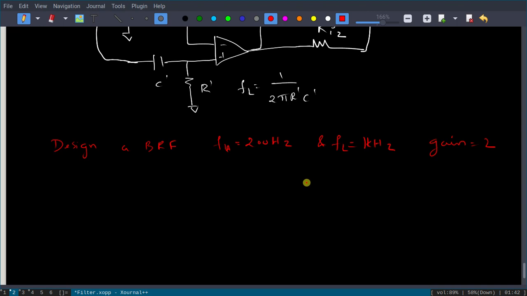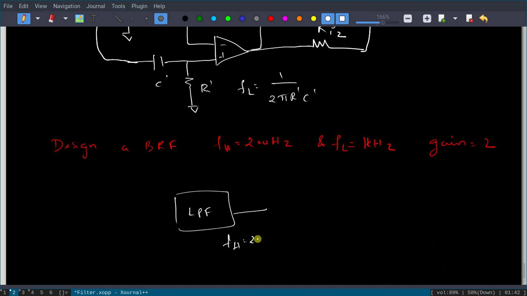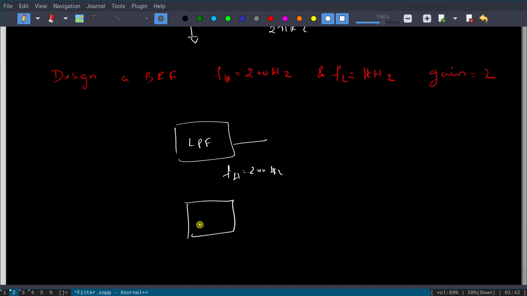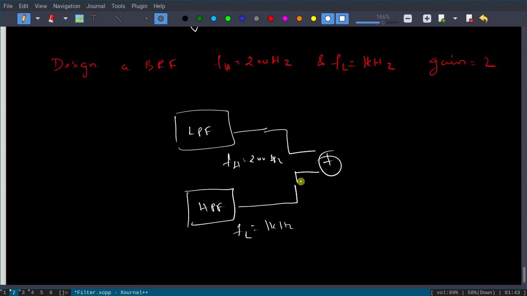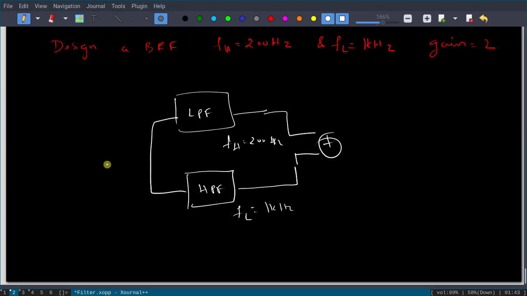FH means one low pass filter with cutoff frequency FH equal to 200 hertz. This you have to design first, then an HPF where you keep the cutoff frequency 1 kilohertz, and then you have to add these two. The input should come from the same signal.